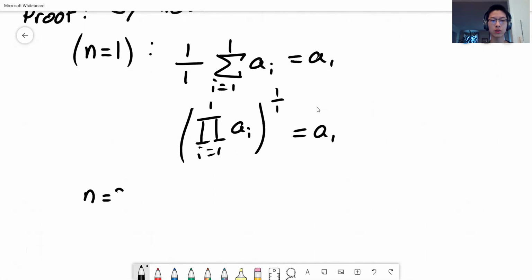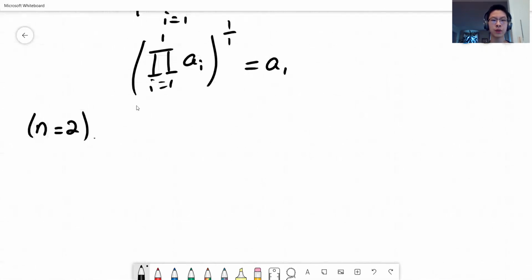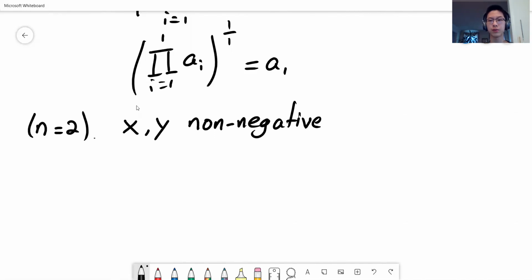Let's go to n equals 2. Now we have x and y are non-negative real values.